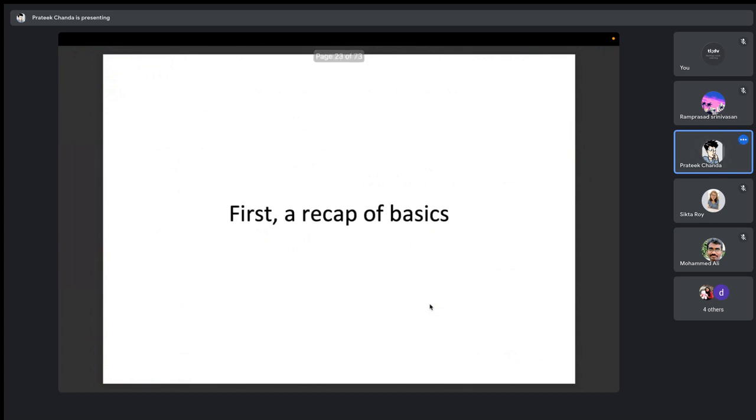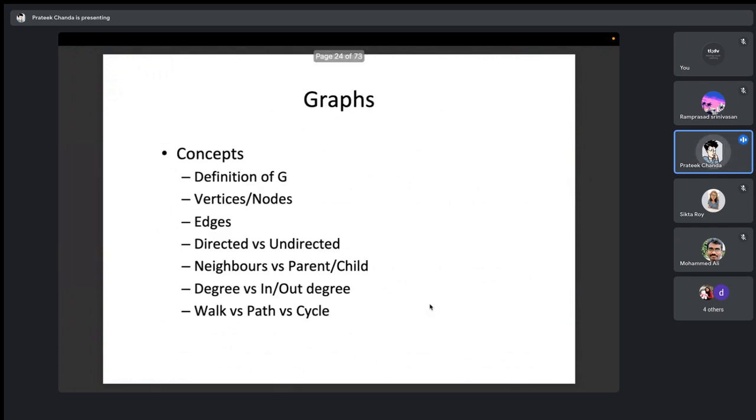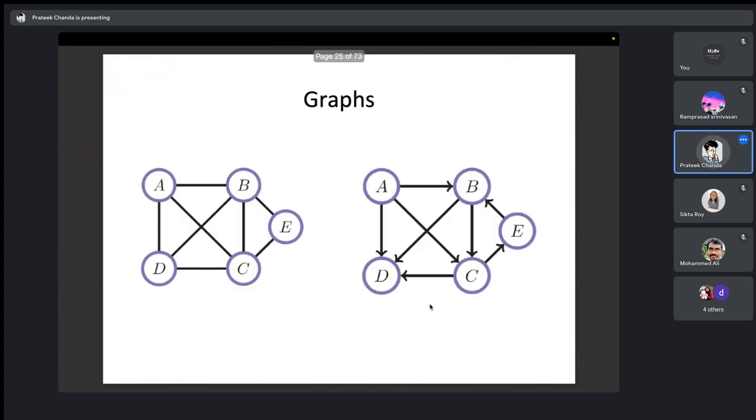So we do a recap of basics first. In the case of graphs, we first go through various basic concepts. I think many of you already know, but this is a quick recap. We all know what graphs are: a collection of nodes, where the nodes are connected by edges, and there can be two categories.